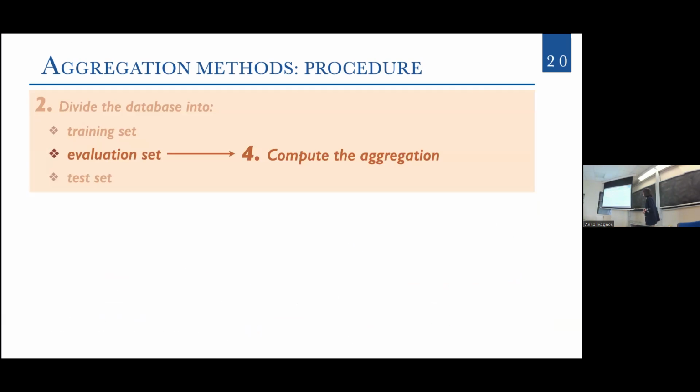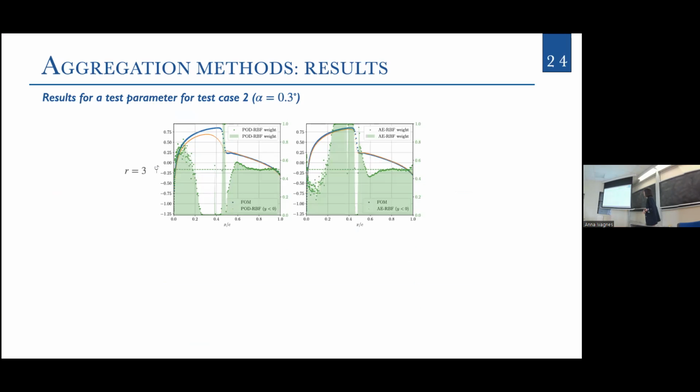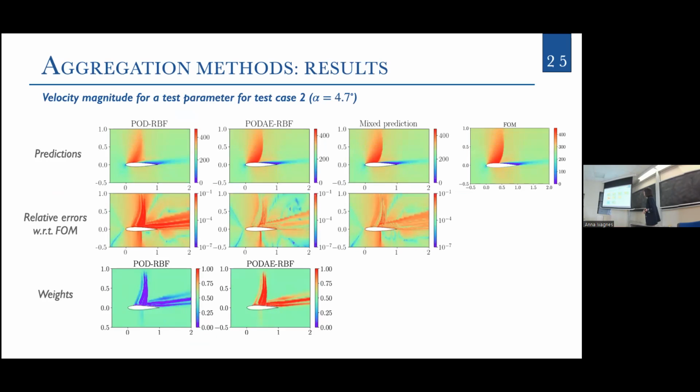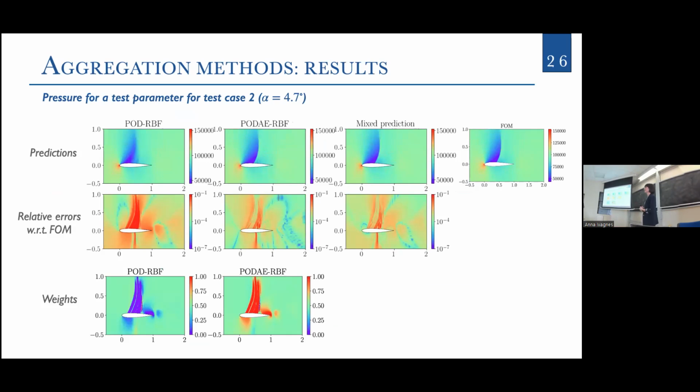Before. I think you can still see this in the results. Go to the plots of the second one. It's even clearer. Yes, now the next one. You see, in the POD autoencoder, after the shock there are some very small vertical lines in blue, which are not very natural.